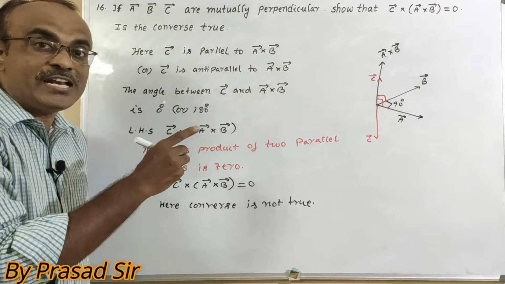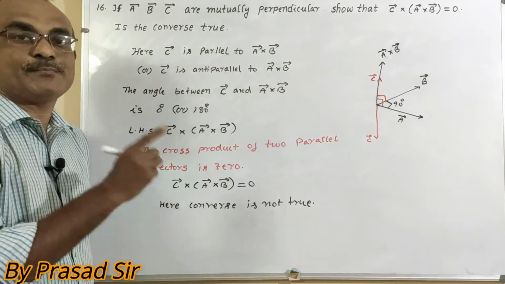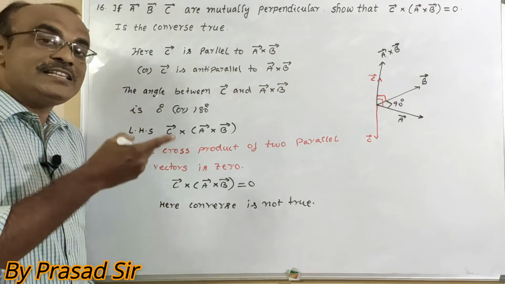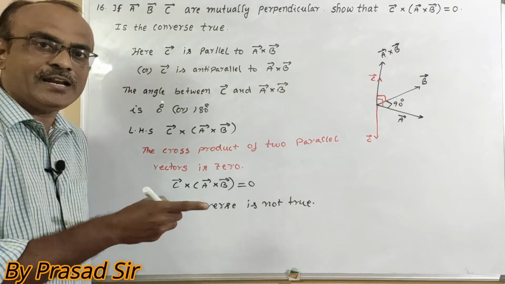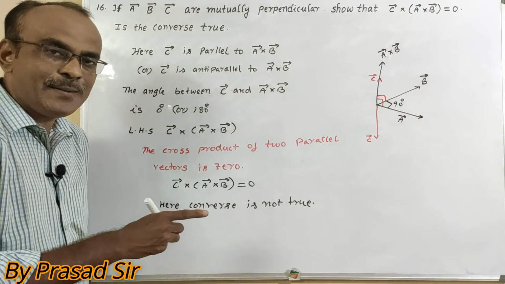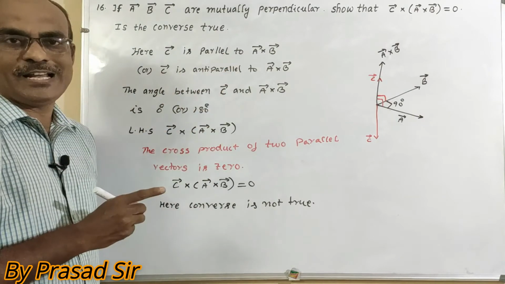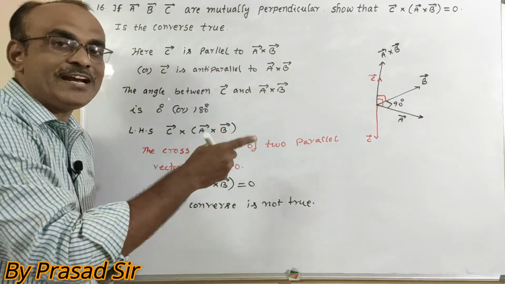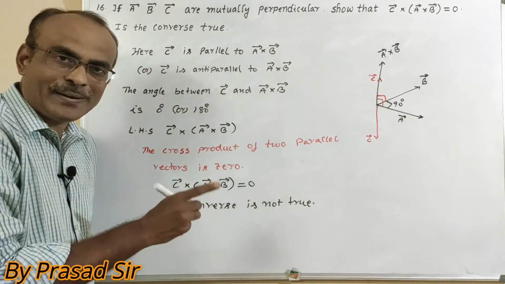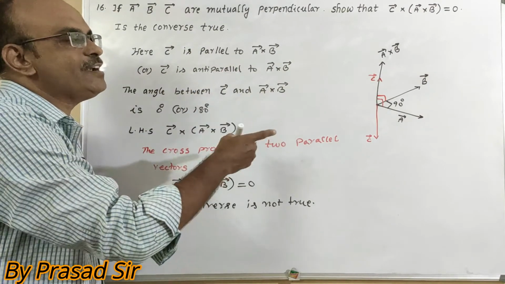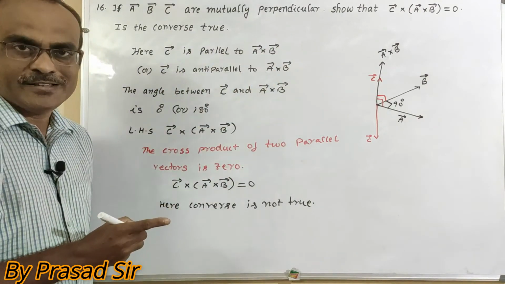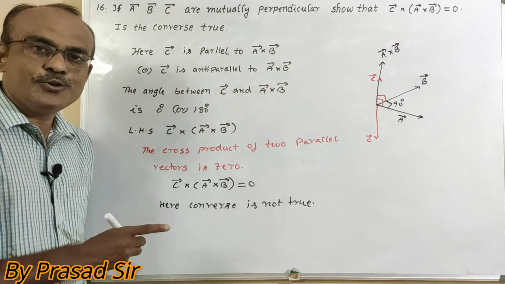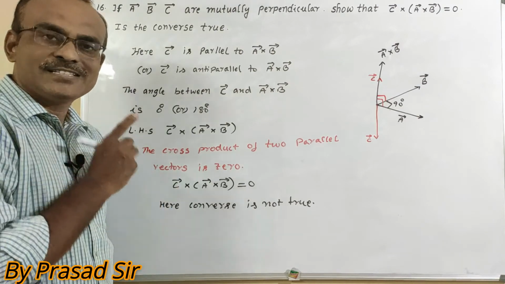So the angle between any two parallel vectors must be 0. But here either it is possible with perpendicular, it is possible. But here what happens here? All are perpendicular vectors. A vector, B vector and C vector are perpendicular. C vector is parallel to the A cross B. So it is the solution for question number 16.